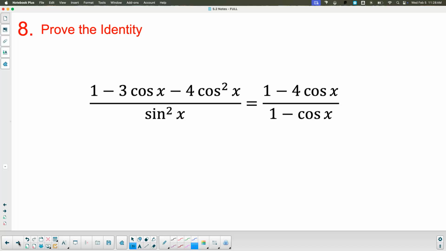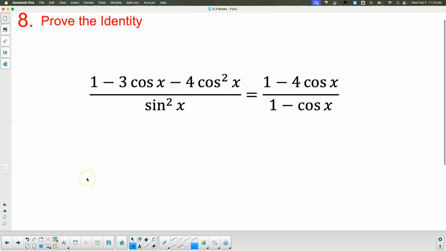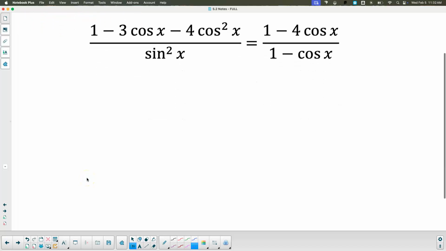Let's do it. Left or right side? Left. Okay. If I was working the left side, I would factor the top and I would change the bottom.